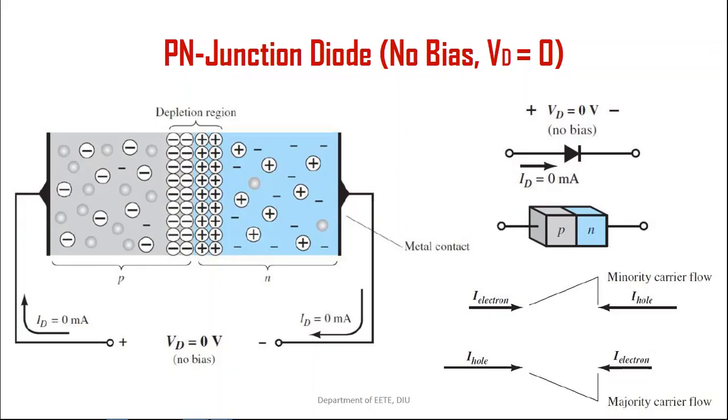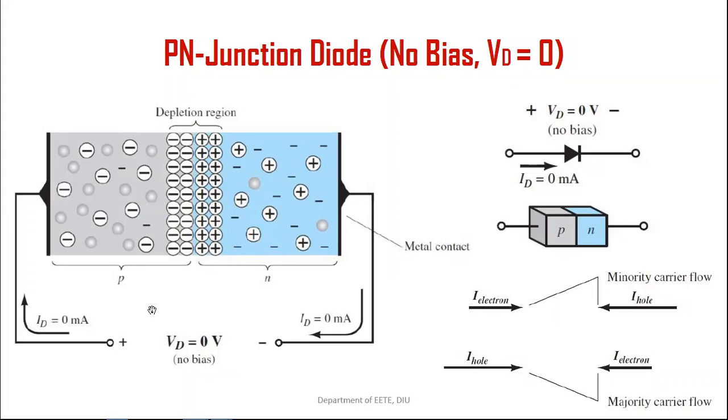There is only one difference, that is the two metal contacts to the P region and the N region. The depletion region is all there. One metal contact is connected with the N material, and one is connected with the P material.